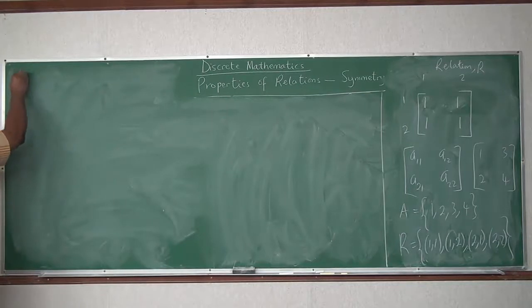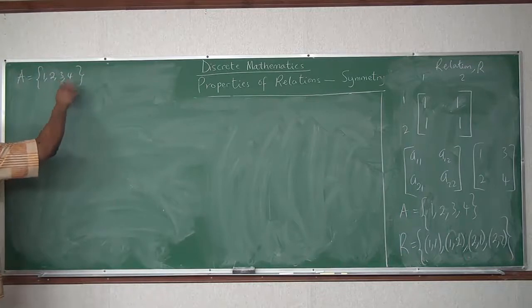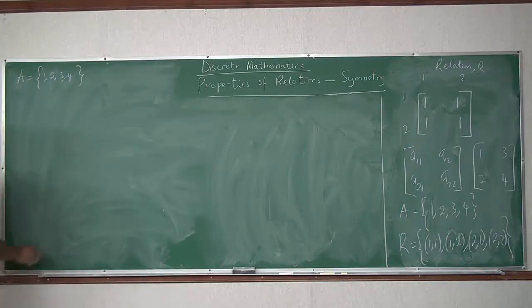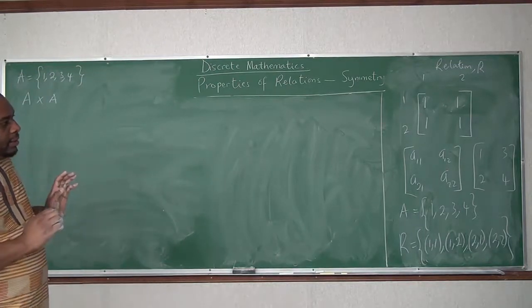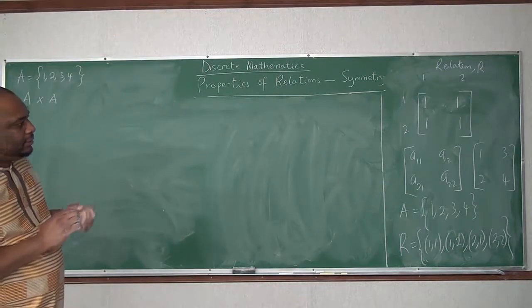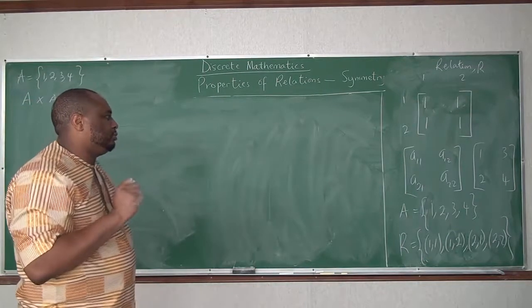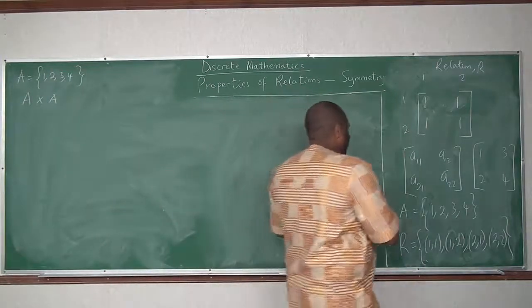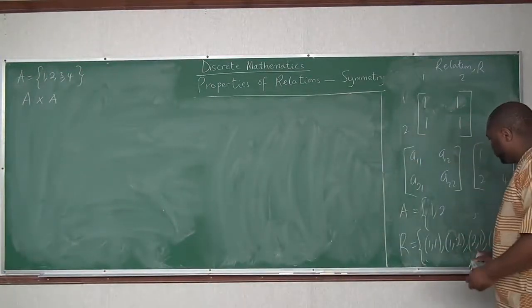Let's say the Cartesian product, A by A. Let's take A to be 1, 2.